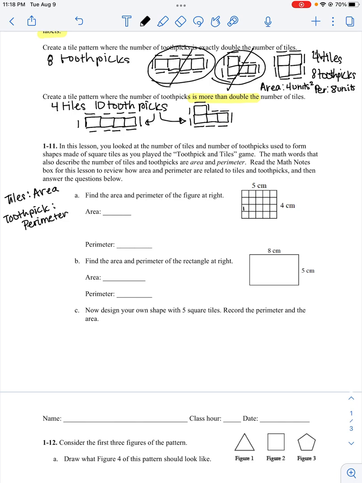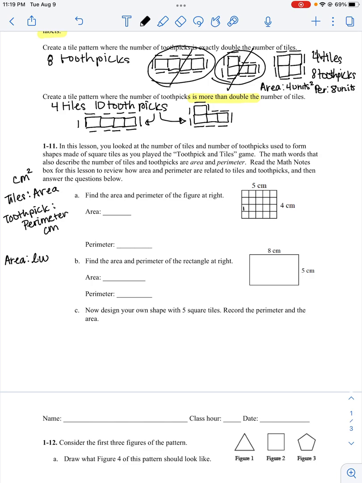So that means it's centimeters squared for area because we're multiplying. Also, as a reminder, area for a rectangle or a square is length times width. Okay. Perimeter, the units are what they are because we're using addition. We're adding around the outside of the shape.